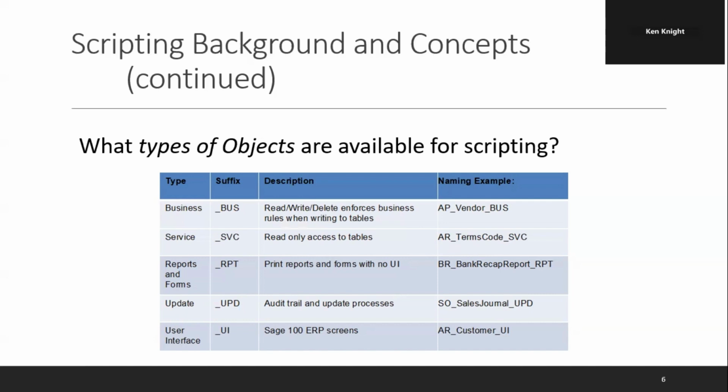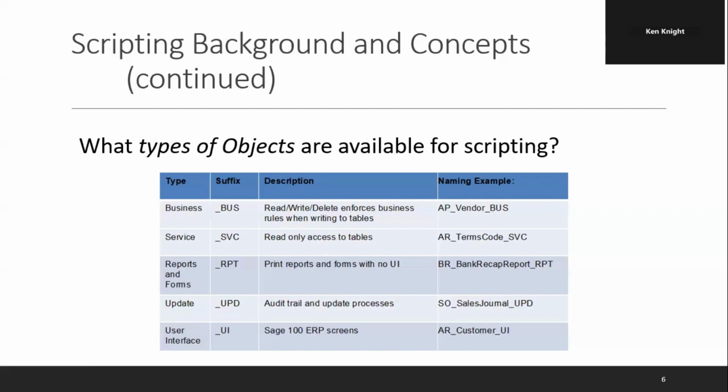A naming example is like AP_vendor_bus. There is a service object that ends with _SVC. This gives you read-only access to the tables. You can't write to them, you can't delete from them, but it's faster. So oftentimes, if I'm in a script just searching for a value, I will utilize the service object because it is the fastest way to just get data. There is an _RPT object for reports and forms, an _UPD, and an _UI for user interface.